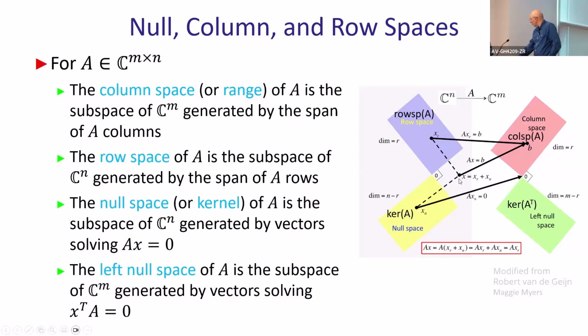Let's say you have that vector x, which is somewhere in space, wherever it is. This arrow shows that if you multiply by A, you get some vector B, which will be here. Why is that vector B in the column space of A?